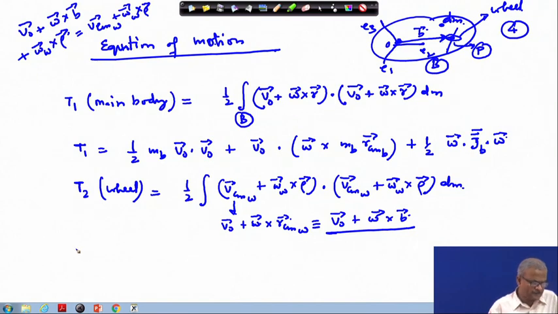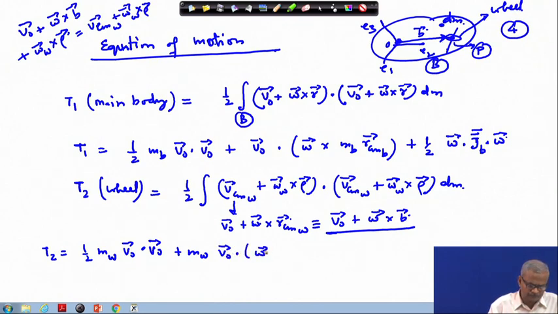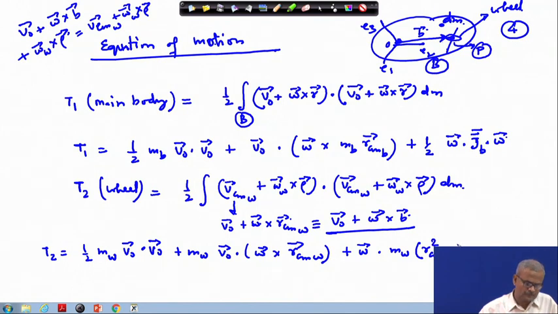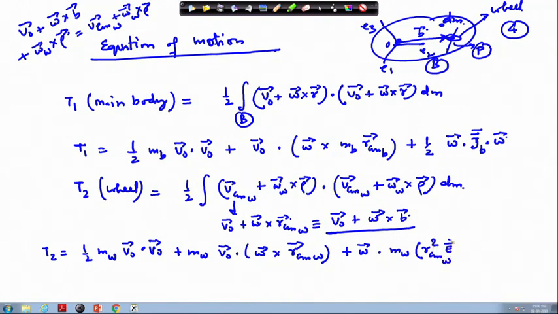If you expand and work with this, T2 gets reduced to 1 by 2 m_wheel times V0 dot V0, plus the center of mass of the wheel term, plus omega dot, if we write in terms of B. So we do not have to carry the center of mass of the wheel.